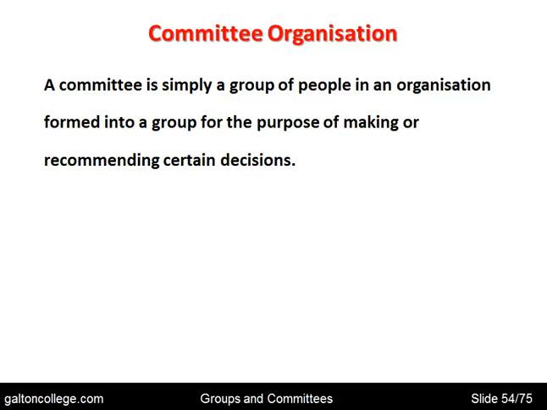So within the working environment, committees are quite common. Committees may be composed of workers from the shop floor, they may be composed of middle management, or there may be committees and subcommittees of senior management. It depends on how many senior managers there are in the organisation. But there can be all sorts of configurations.